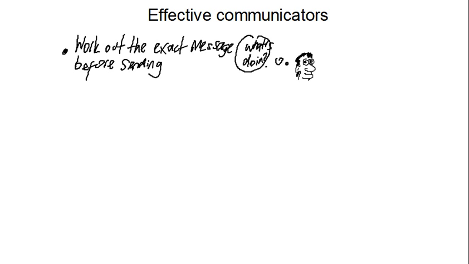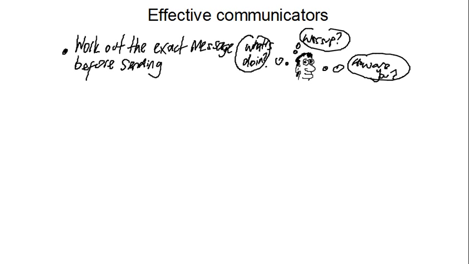That would be one way he could ask that. He might also think what's up. Or he could say, how are you? So all different ways in which the same message can be sent.